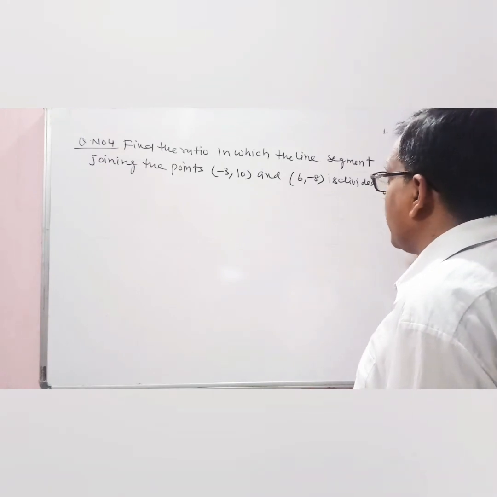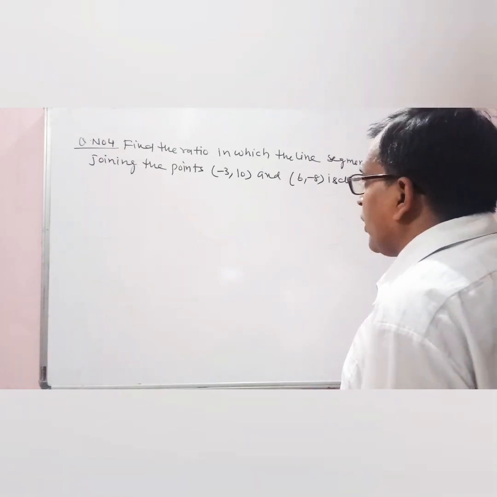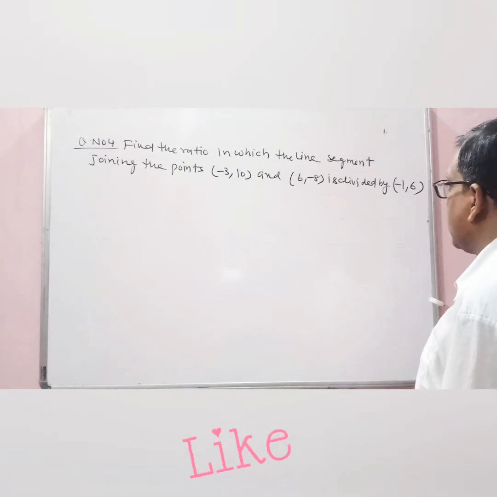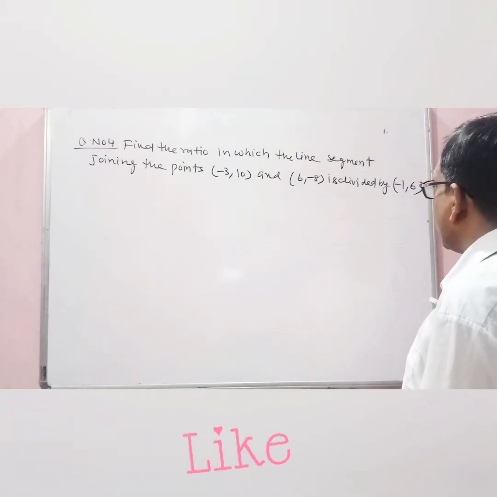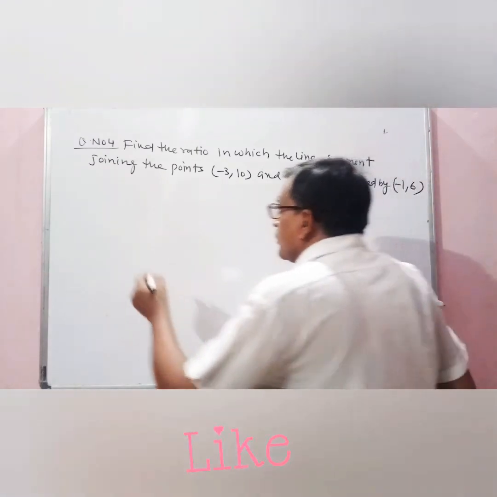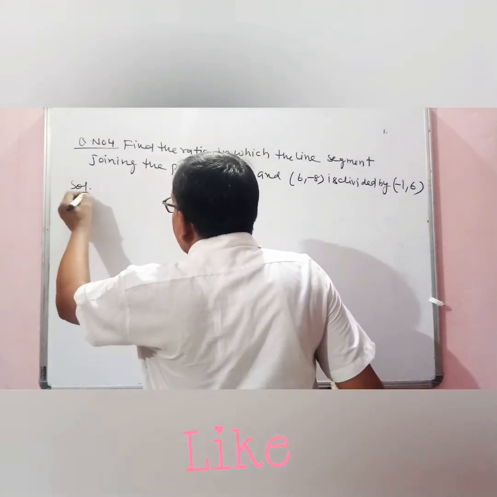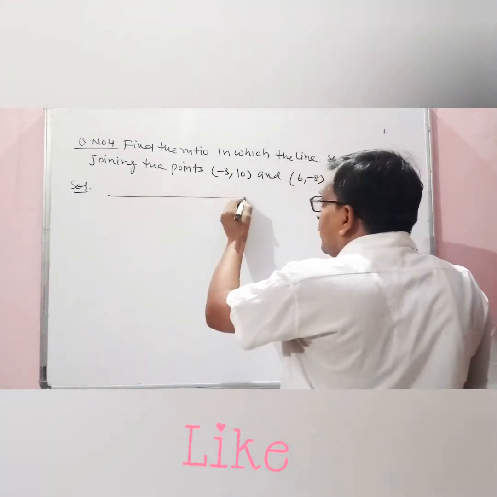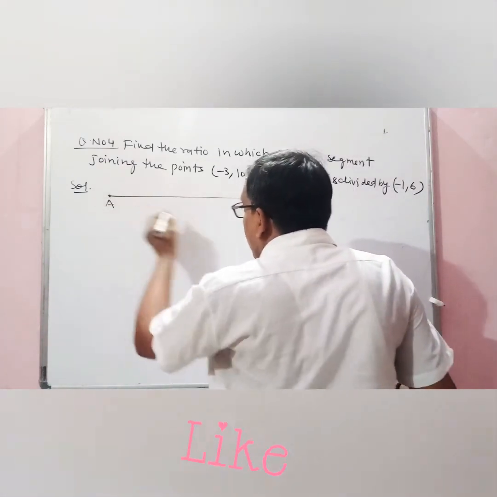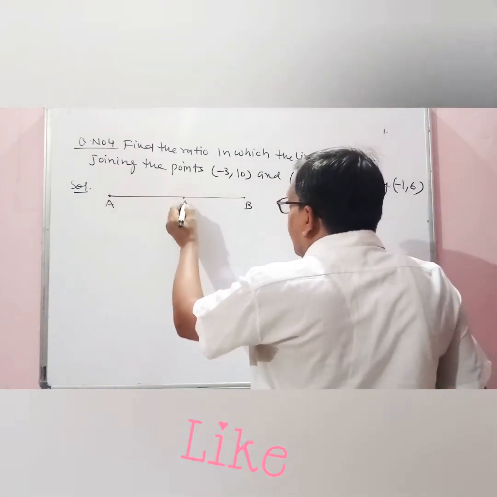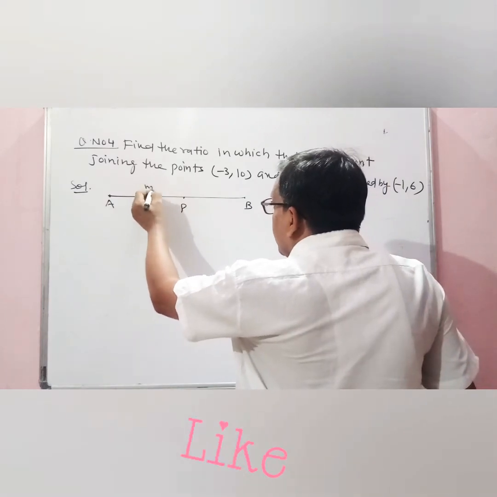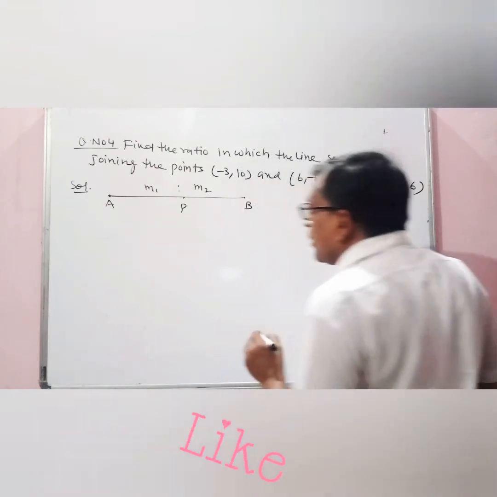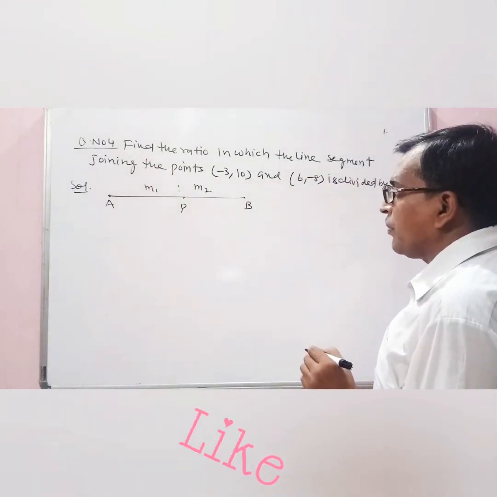Find the ratio in which the line segment joining the points minus 3, 10 and 6, minus 8 is divided by minus 1, 6. Now we start and ask about the ratio. First we make a line AB, and the dividing point we write as P, and the ratio m1 to m2. Suppose the ratio is m1 to m2.